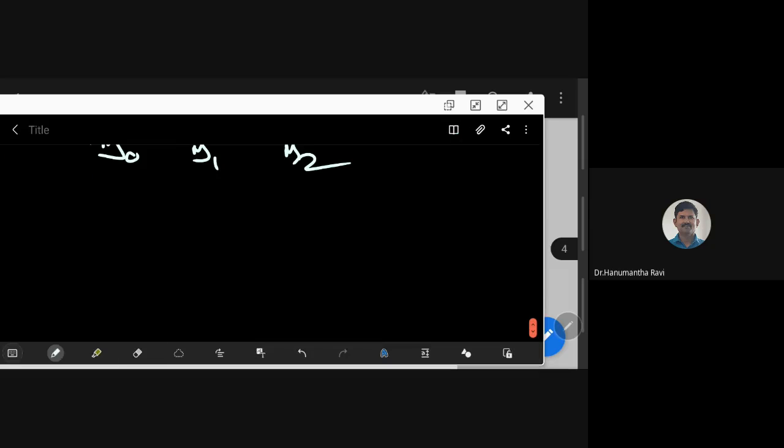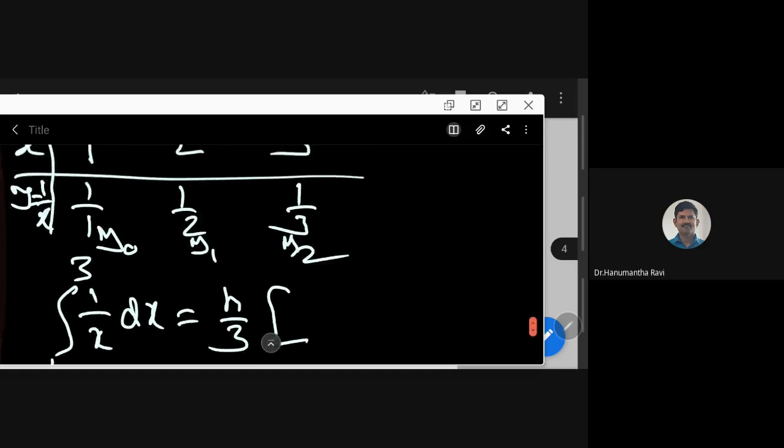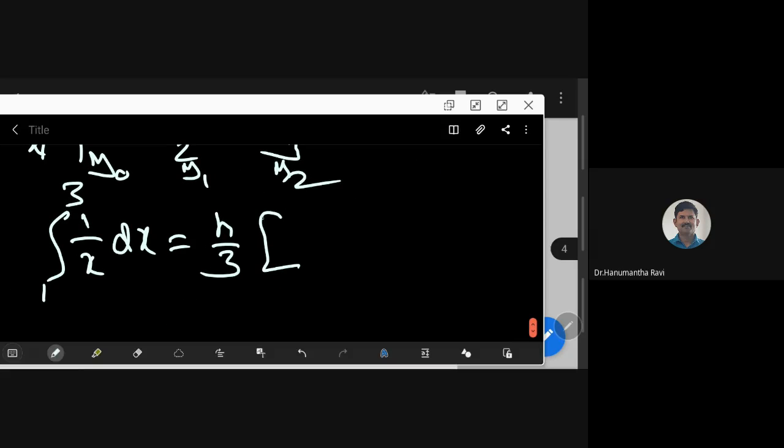Now this approximate value: integral 1 to 3 of 1 by x dx is approximately equal to h by 3 into first and last values, that is y0 and y2.